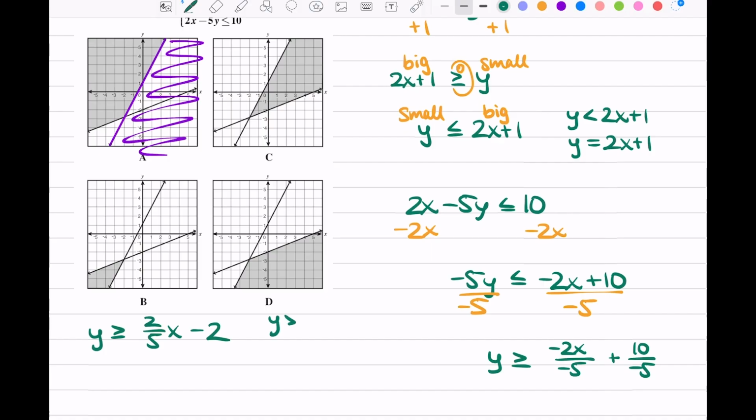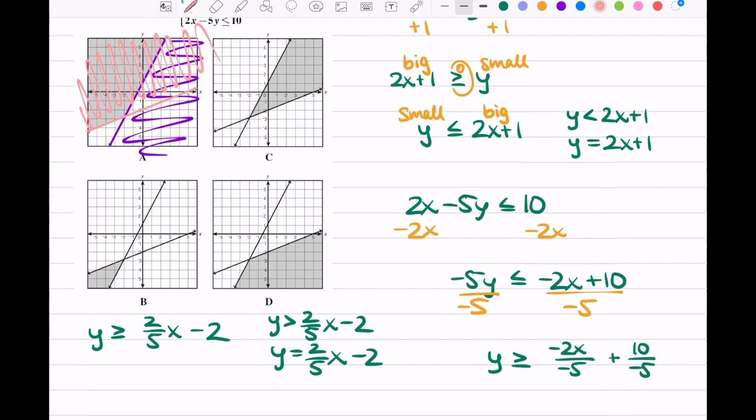It says y is greater than 2/5 x minus 2, and y is equal to 2/5 x minus 2. That second statement is going to be this pink line. And y is greater than 2/5 x minus 2 is going to be the region above the line.